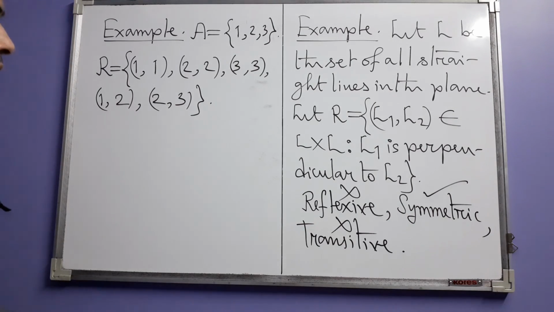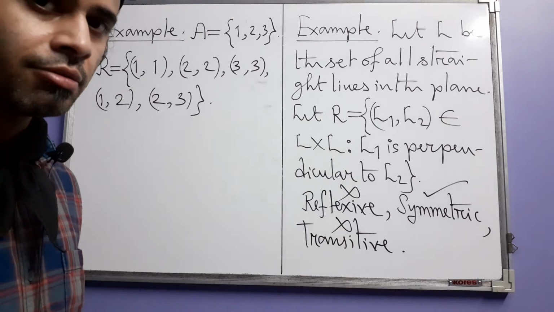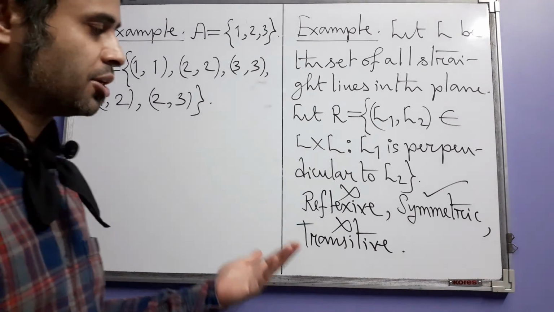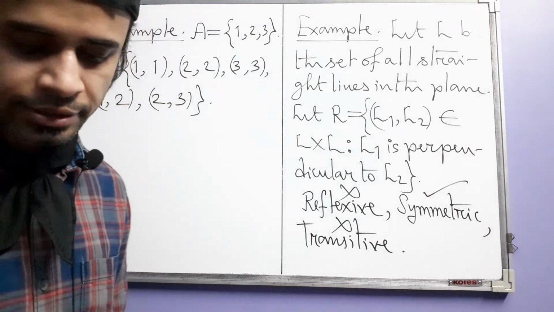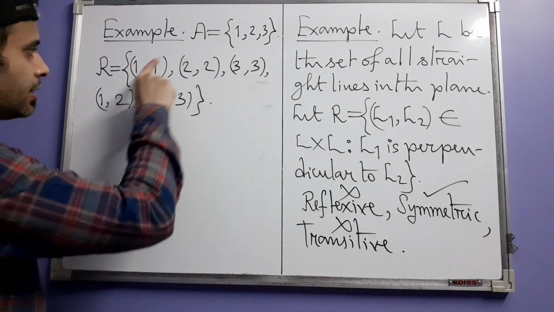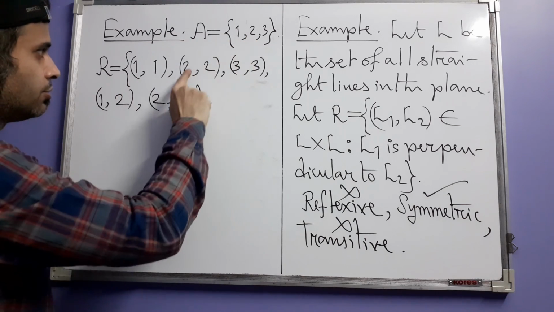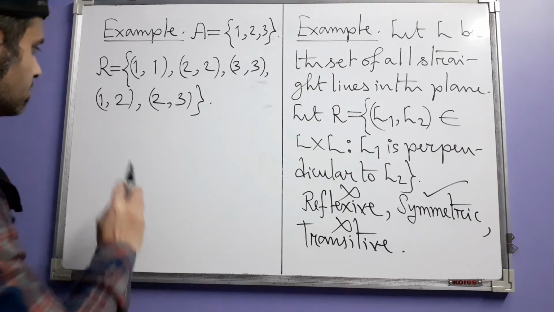Okay. Is this relation reflexive? You have to check whether A comma A belongs to R for every element A in the underlying set capital A. 1 comma 1, is it there? Yes. 2 comma 2? Yes. 3 comma 3? Yes. So that is why this is reflexive.